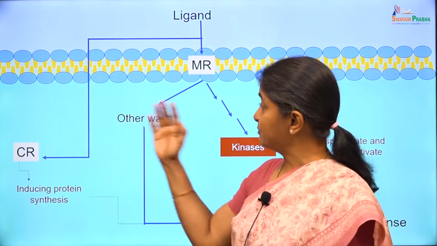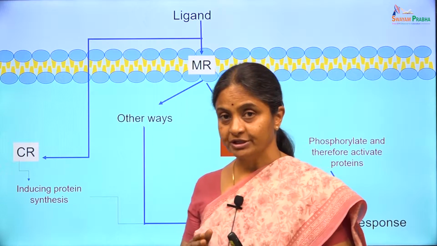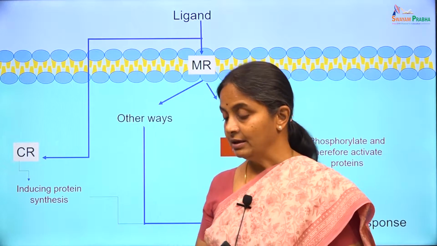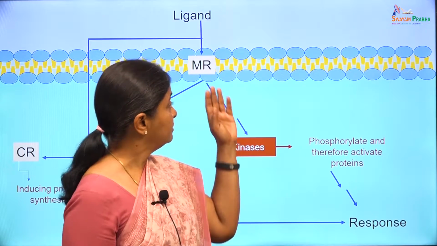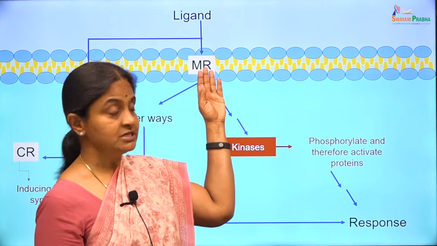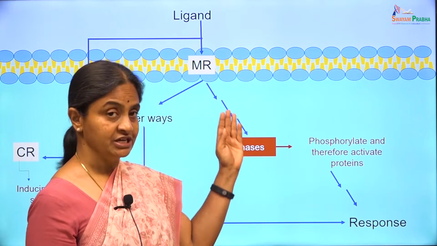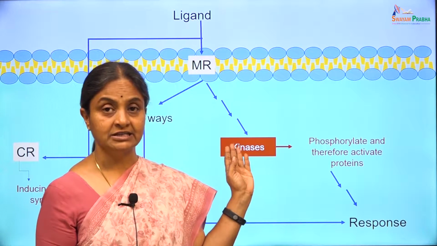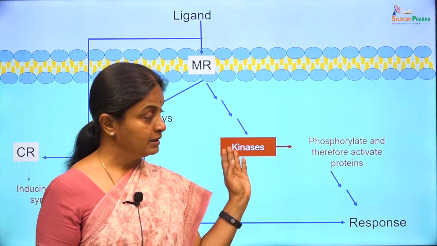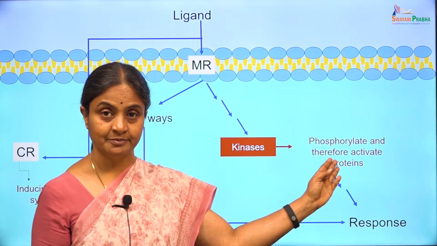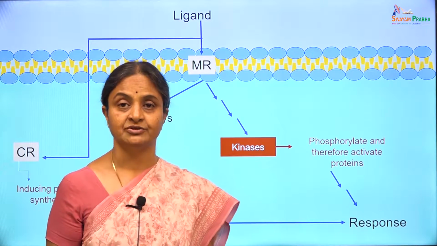And the ligand receptor combination sets in motion these signaling pathways. One set of pathways would involve the ligand membrane receptor combination activating certain kinases within the cell. The kinases would phosphorylate certain proteins and those would bring about responses.